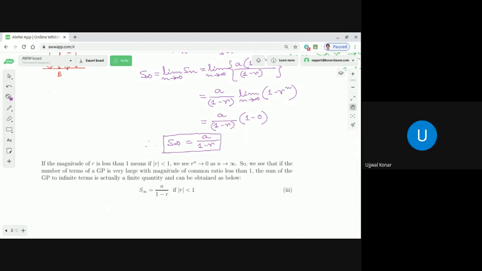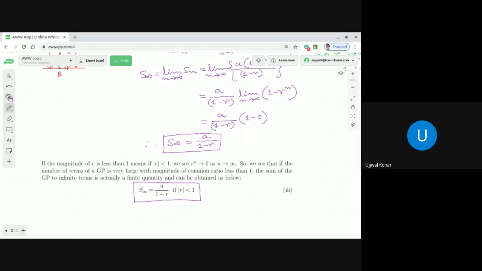So if the number of terms of a GP is very large, with magnitude of common ratio less than 1, the sum of the GP to infinite terms is a finite quantity and can be obtained as S infinity equal to a by 1 minus r, if mod of r is less than 1. Correct, dear students?